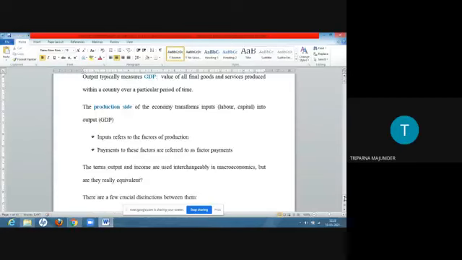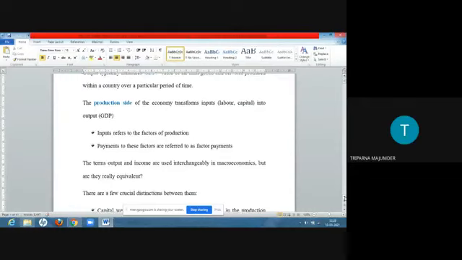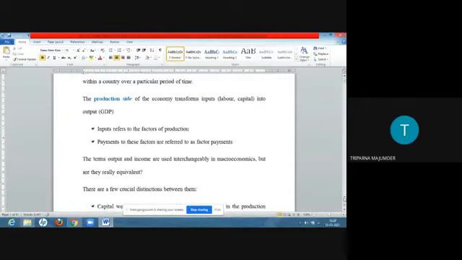The terms output and income are used interchangeably in macroeconomics. But the question that arises in our mind, once we are saying income, another time we are saying output, are these same or are they equivalent? The answer is surely no.